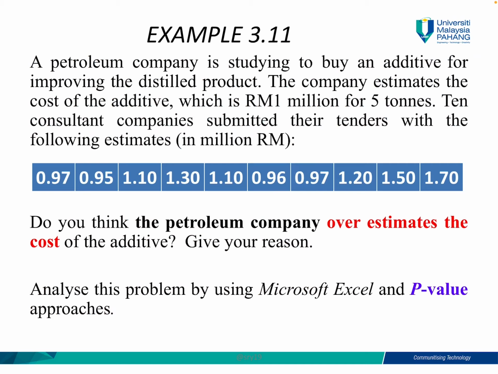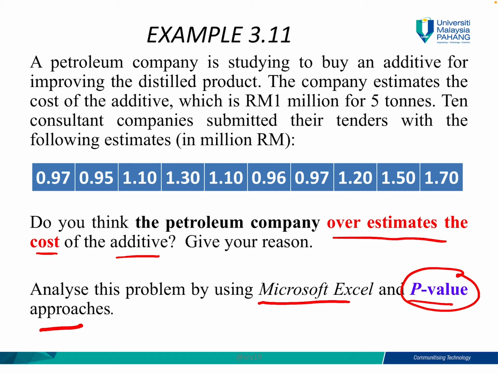The company estimates the cost of additive, which is RM1 million for 5 tons. 10 consultant companies submitted their tenders with the following estimate in million RM. Do you think the petroleum company overestimates the cost of the additive? Give your reason. Analyze this problem by using Excel and p-value approach. So they will mention use p-value approach.